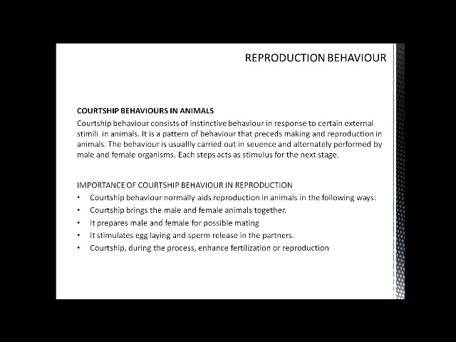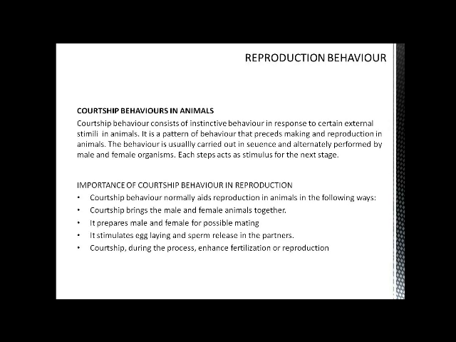Courtship again stimulates egg laying and sperm release in partners. When courtship is going on in both genders, eggs are laid when the female organism attains the age of egg laying or reproduction.